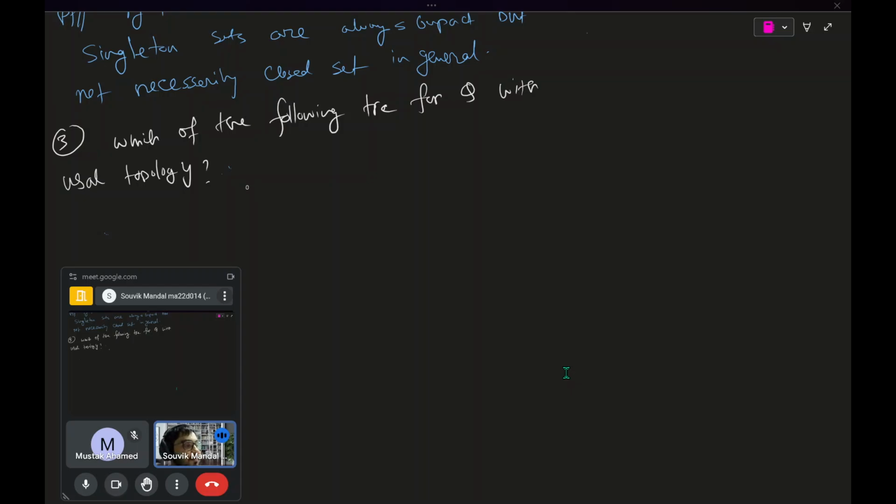First option is locally compact. Option B is Hausdorff space. Option C is second category space. Option D is normal space.